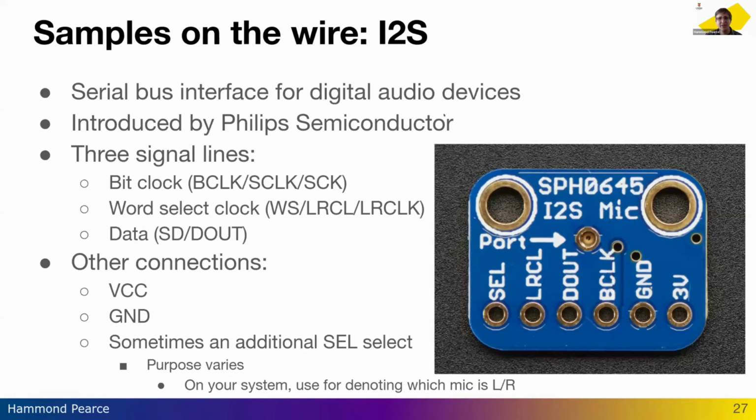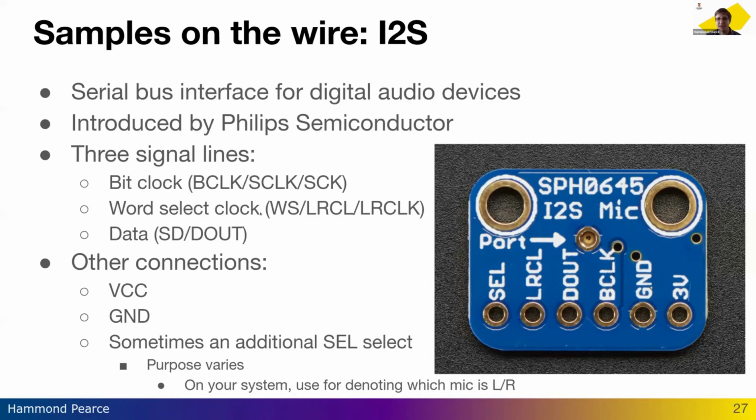Okay, so we've got this I2S standard, which is what we need to be reading from here. I2S is a serial bus interface. That means that it sends data serially, 1 bit at a time. It was introduced by Philips way back in the day. There are 3 signal lines. There's a bit clock, which has a variety of different names. On our board here, it's called BCLK.